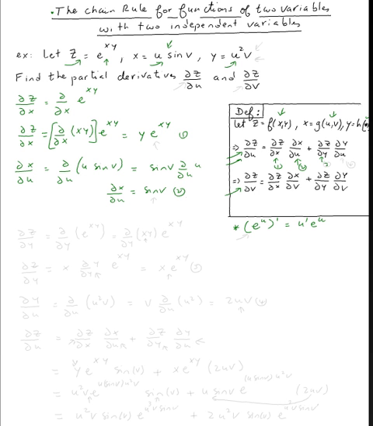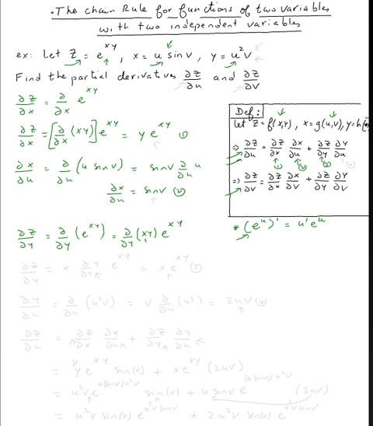Now we need to find 3. 3 is what? Partial of z with respect to y. Now this is equal to partial with respect to y of z. z happens to be e to the xy. Now again, I'm using this definition. This will be u prime, which is partial with respect to y of xy, times e to the xy.